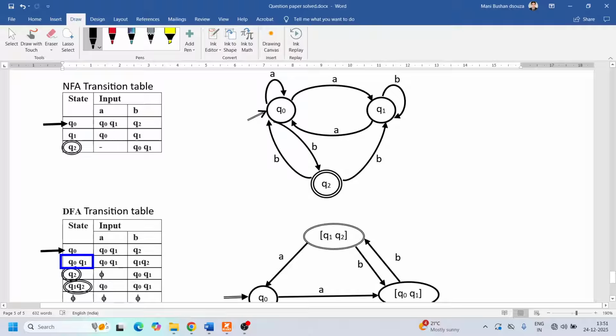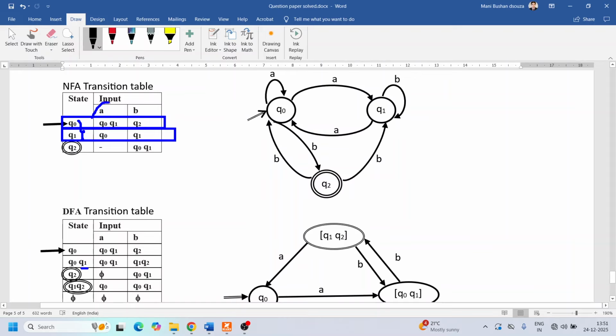For this state Q0, Q1, if A is given as the input, what are you going to get? And if B is given as the input, what are you going to get? How can I get this? There are two things, Q0 and Q1. Go to the previous transition table and combine them together, the union of Q0 and Q1.